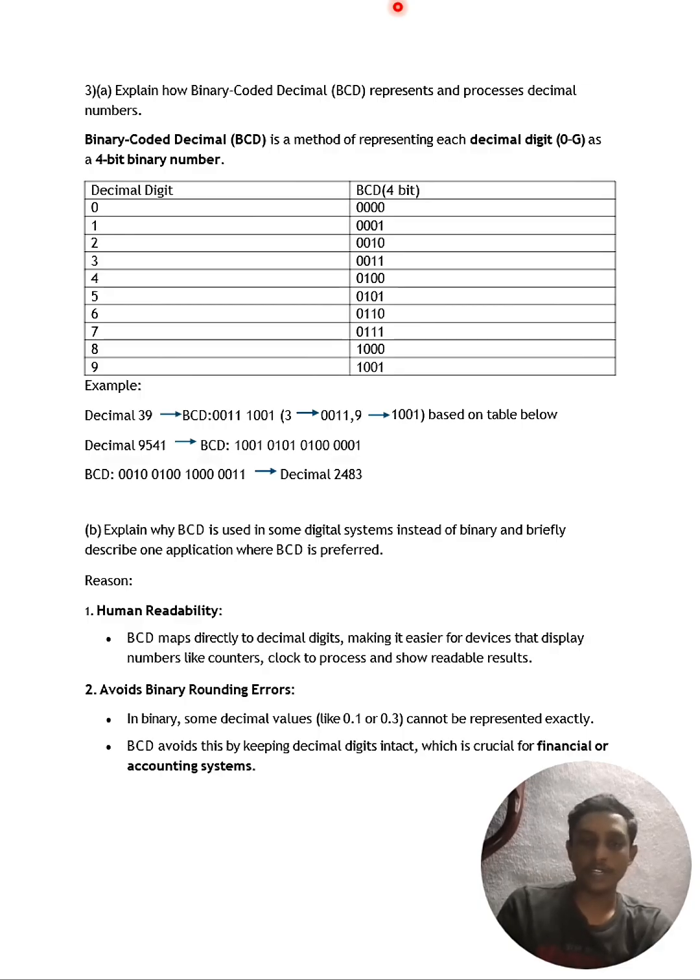In financial, accounting or commercial systems, such tiny inaccuracy can lead to significant error over time. So BCD avoids this issue by storing each digit separately. So numbers like 0.1 are stored exactly as 0000 and 0001.